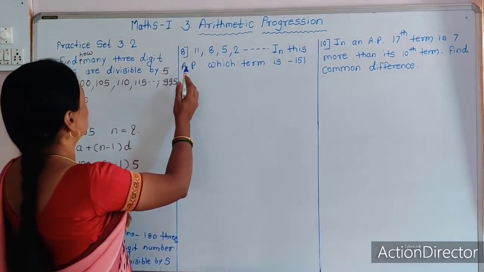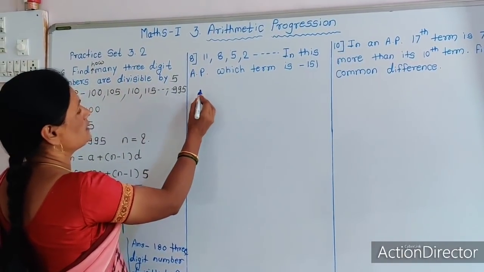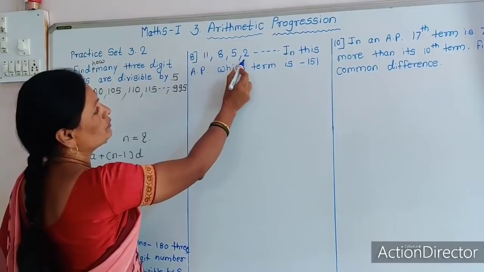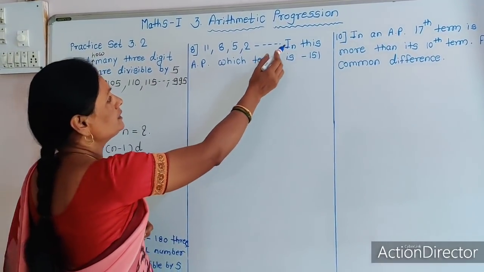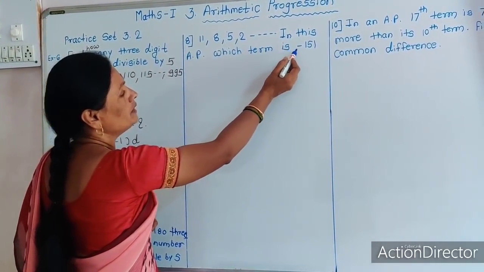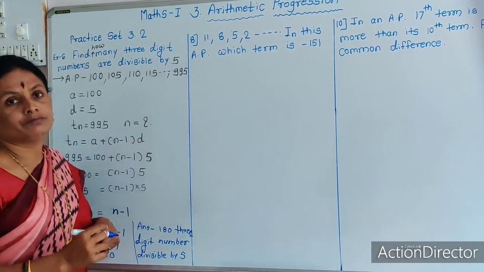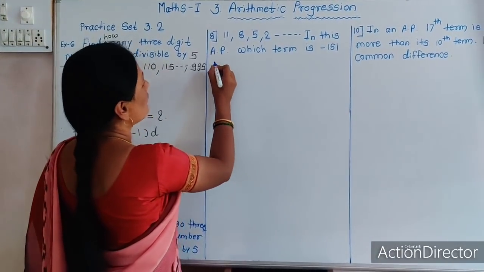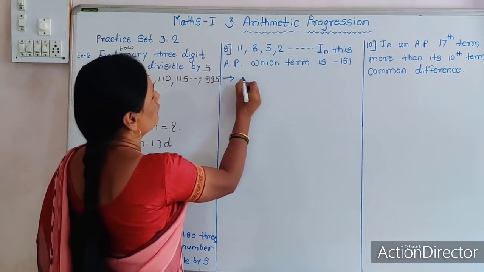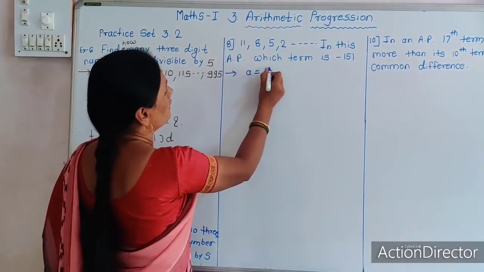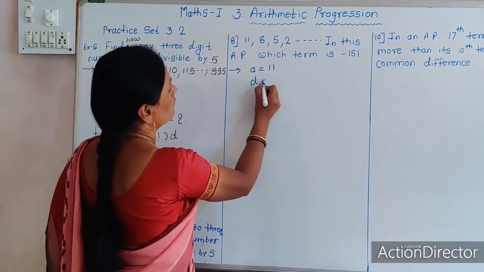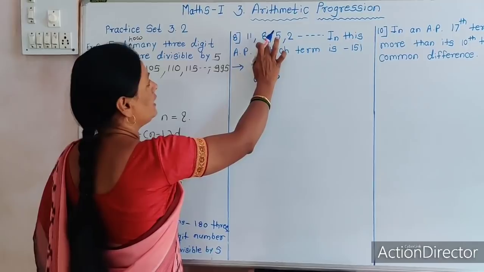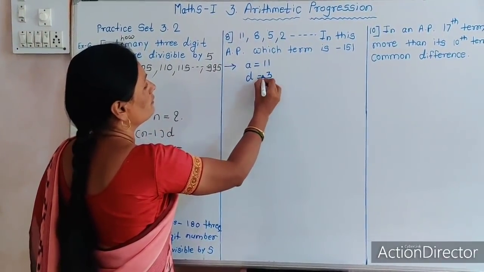Next example from practice set 3.2: 11, 8, 5, 2 is an AP. In this AP, which term is minus 151? From this AP, we write A is equal to 11, D is equal to 8 minus 11, which is minus 3.